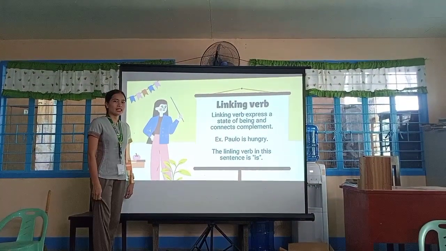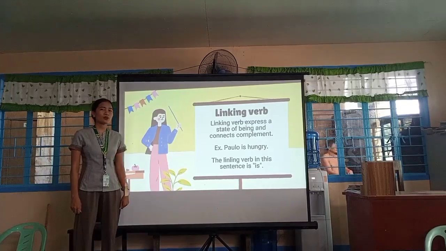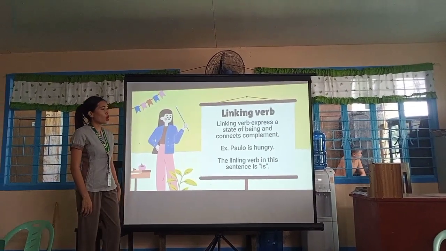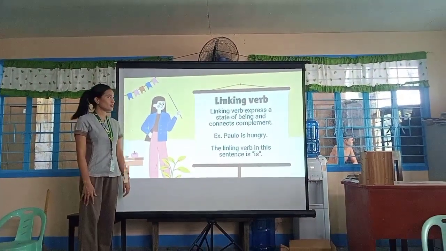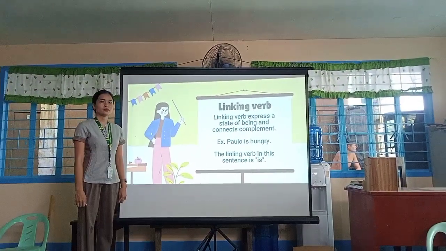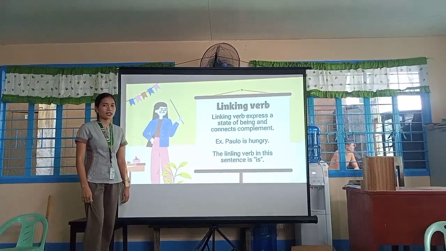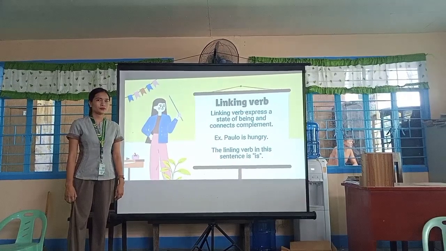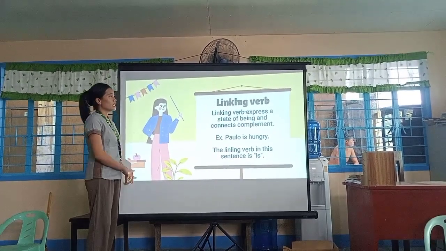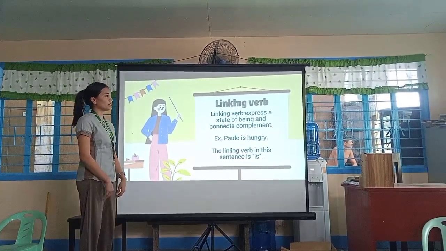Did you get it, class? Who can give another example of a sentence with a linking verb? Yes, Miss Blanca? Here's my example: the girl is beautiful. Correct. Can you identify the linking verb in the sentence? Is. Correct. Is is the linking verb in the sentence.